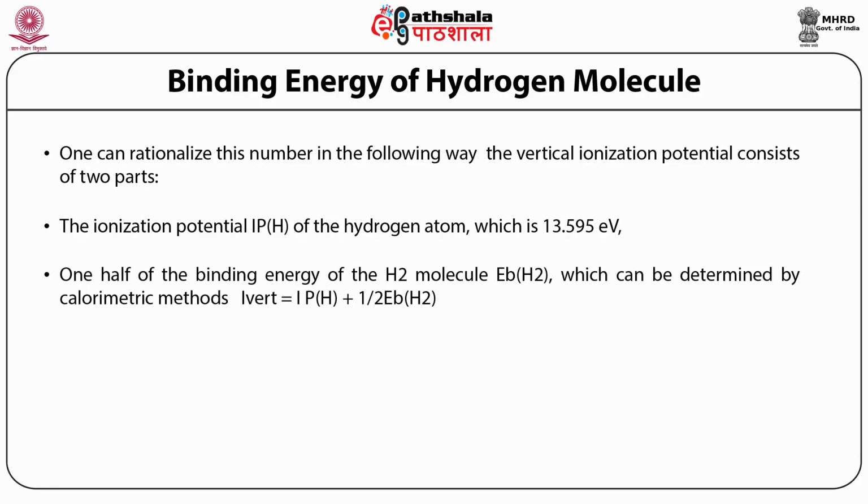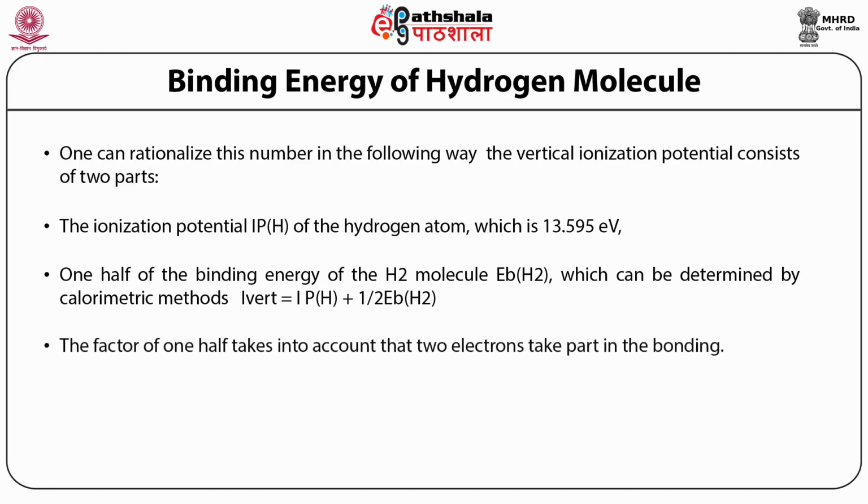EB(H2), which can be determined by the calorimetric method. It is given by I vertical equals the ionization potential of hydrogen plus 1/2 the binding energy of H2. The factor of 1/2 takes into account that two electrons take part in the bonding.